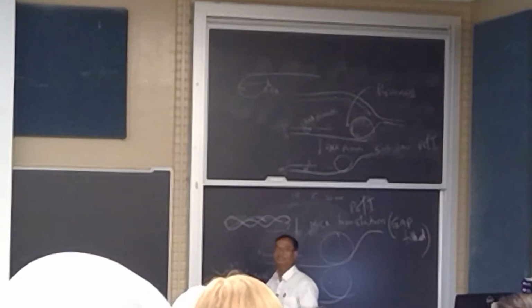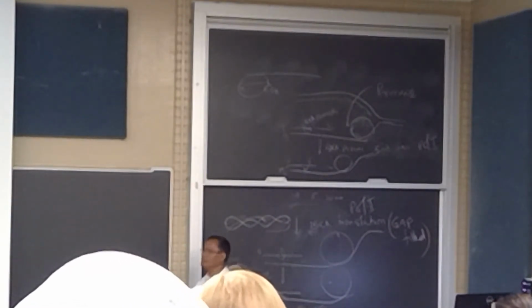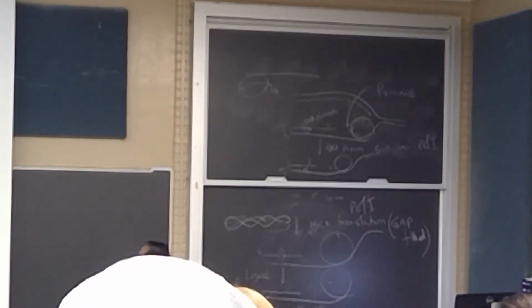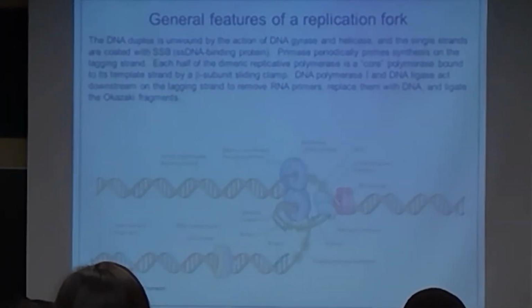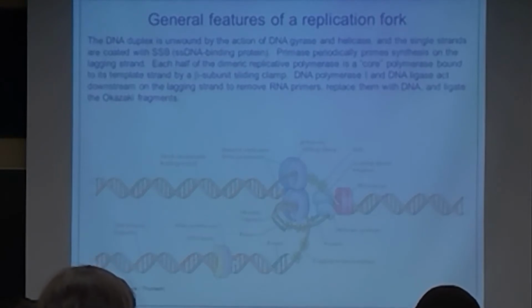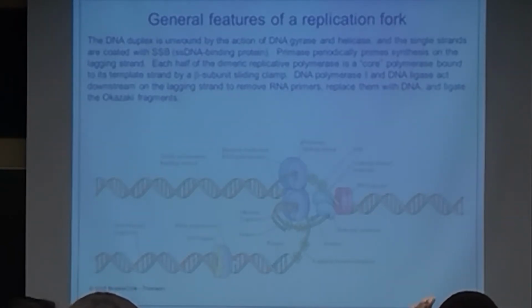You need some enzyme to remove the supercoiling, and that includes topoisomerase and some gyrase kind of enzyme which helps to relieve the supercoiling strain. Does it make sense? So you need a helicase to open the helix to single stranded DNA. You need gyrase to relieve the strain.